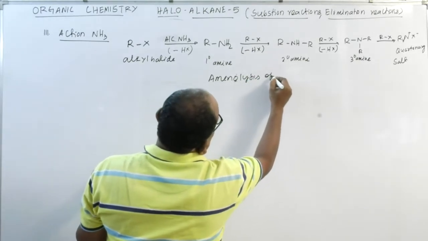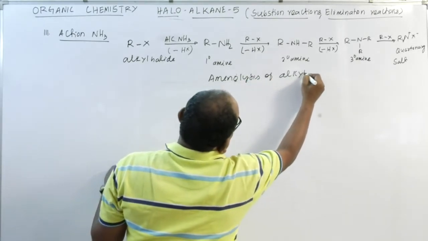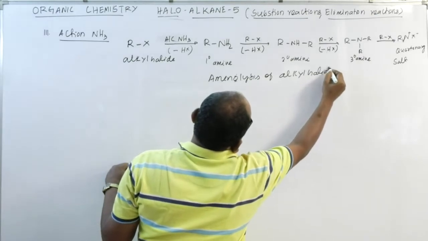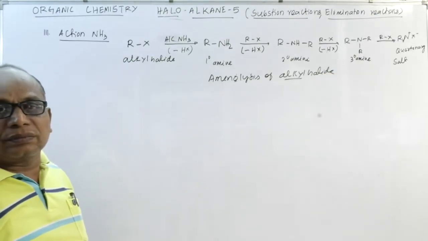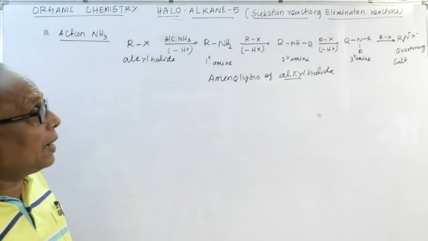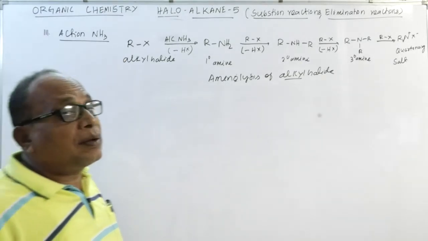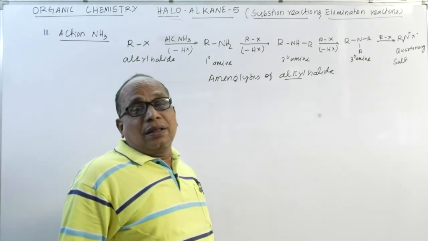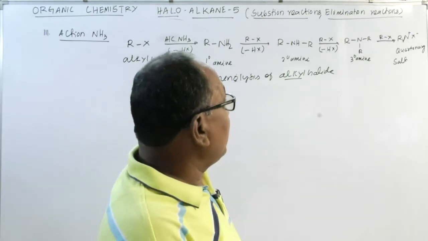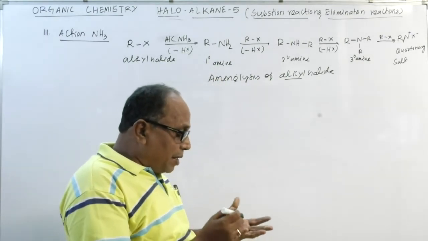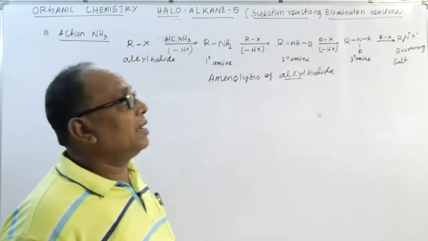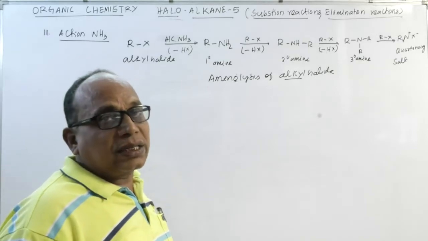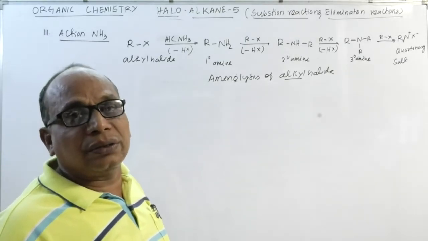That's why when alkyl halide reacts with an alcoholic solution of ammonia, it gives a mixture of primary amine, secondary amine, tertiary amine. Finally, you get a stable salt that is called quaternary salt.